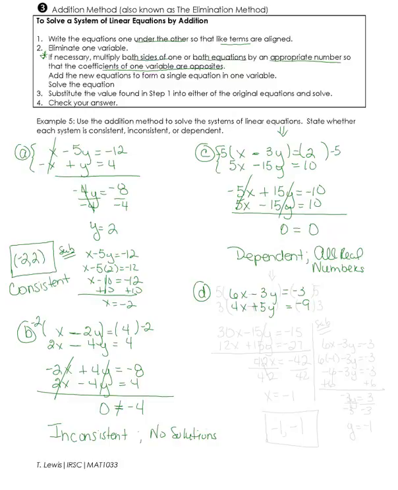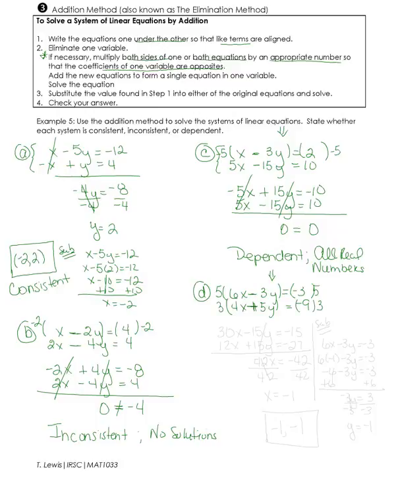But do I see a variable that has a positive and a negative? Well, we do. We have the variable y. Our goal is to have the y's have the same coefficients. So we're going to multiply, this time, the first and the second equation. What's the LCM? The least common multiple for 3 and 5 is 15. So we're going to multiply the first equation by 5 and the second equation by 3.